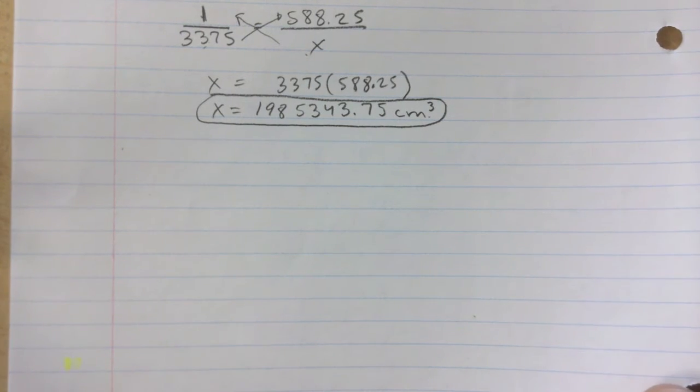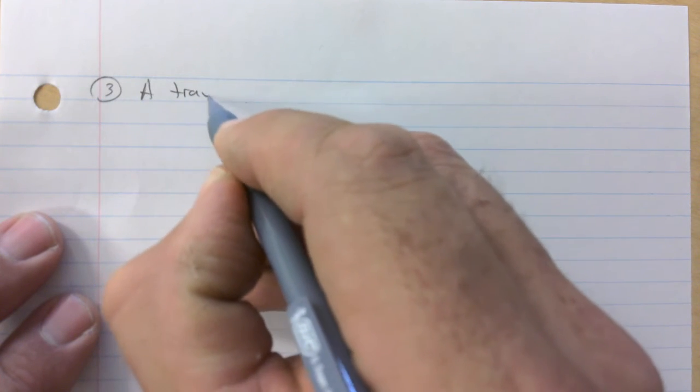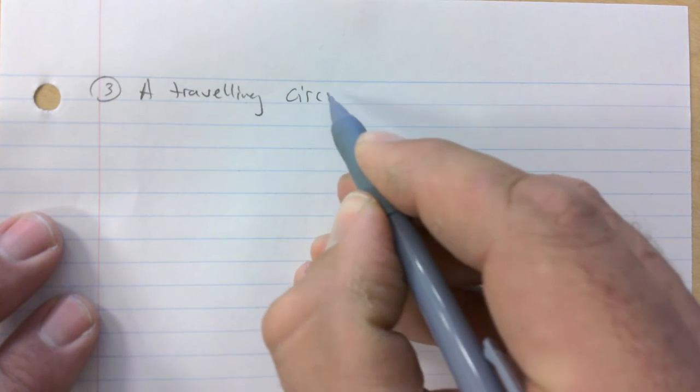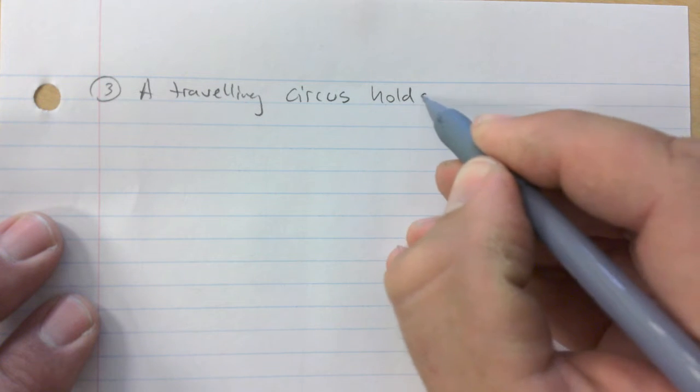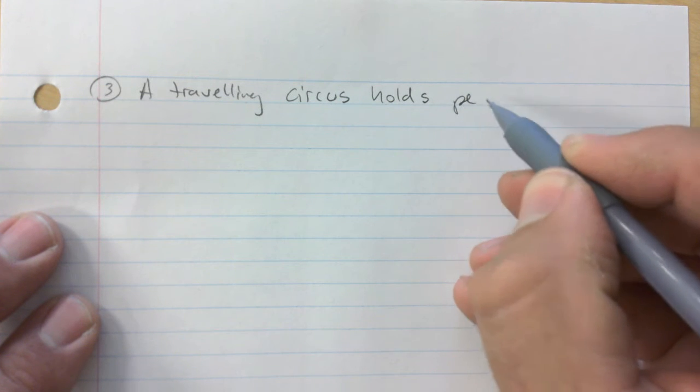So if you're running out of runway, use a new piece of paper. Okay. Okay, a traveling circus. I'm going to write a little faster so I can do the attendance.